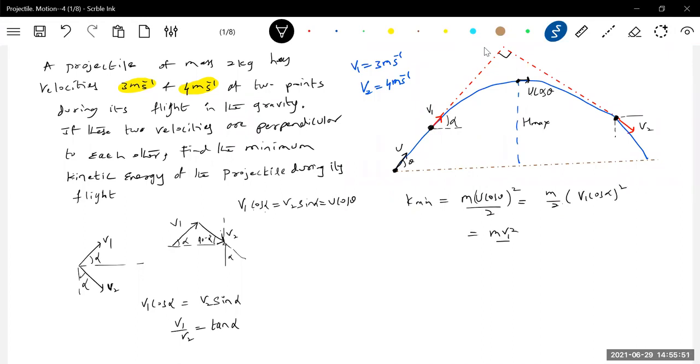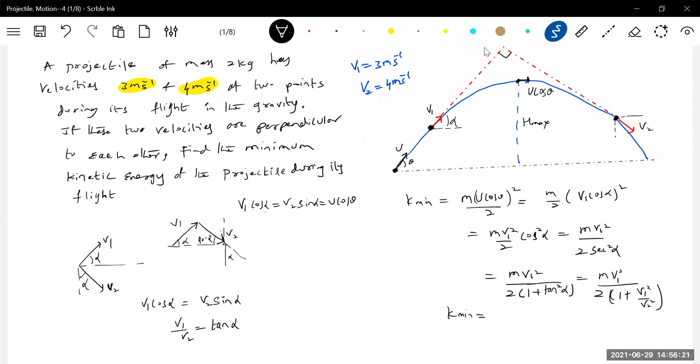So m V1 square by 2 cos square alpha. This becomes m V1 square by 2 secant square alpha. I can write secant square alpha as 1 plus tan square alpha, and with tan alpha as V1 by V2, it becomes m V1 square by 2 times (V1 square plus V2 square) by V2 square. So the minimum kinetic energy is given by this formula.